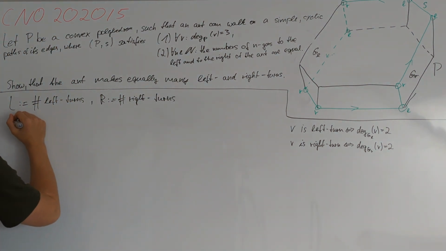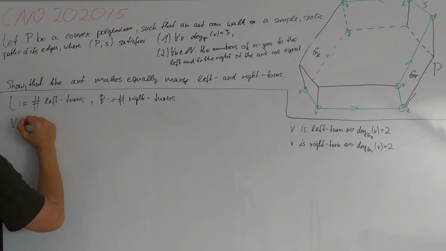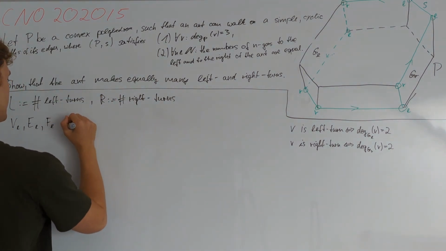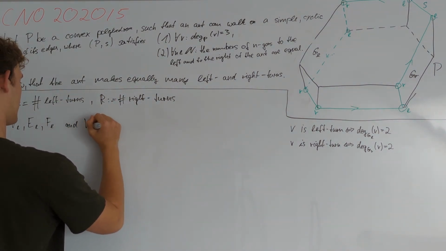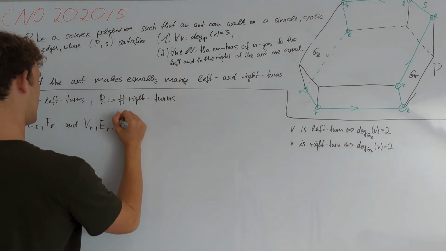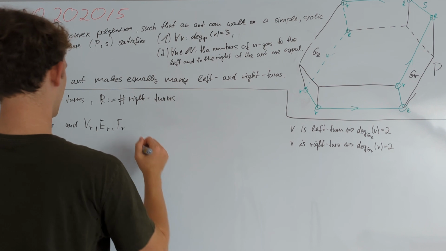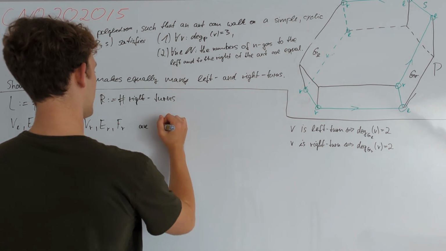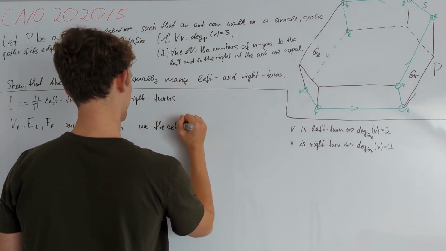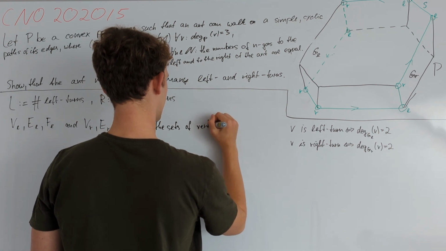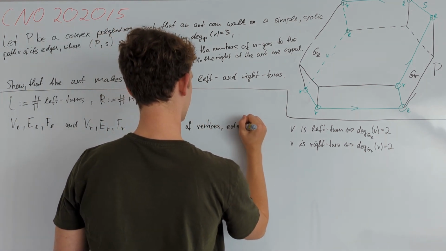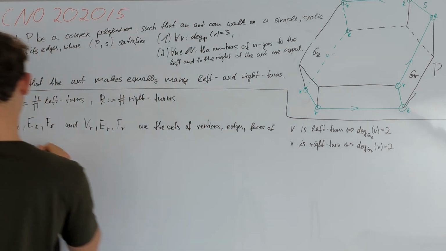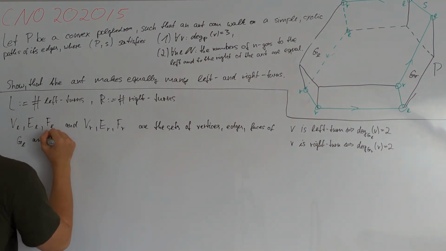Furthermore, we introduce the sets VL, EL, and FL, and the sets VR, ER, and FR, which are the sets of vertices, edges, and faces of GL and GR respectively.